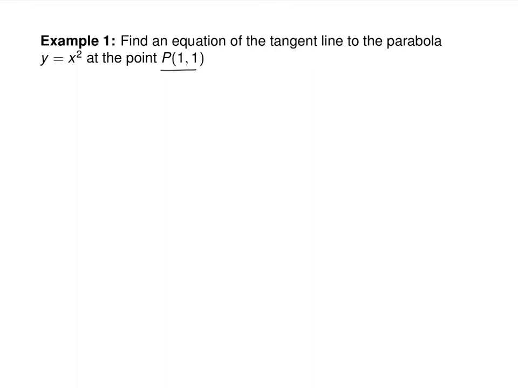Okay, so find the equation of a tangent line to this parabola at the point (1, 1). So first let's graph that parabola, just roughly. It goes through (0, 0), (1, 1), (2, and somewhere up there). Okay, so the tangent line will look something like this.